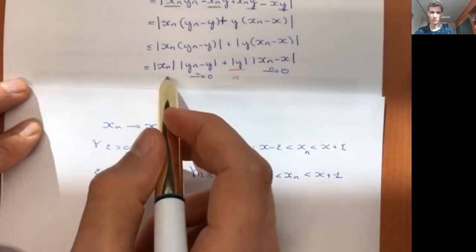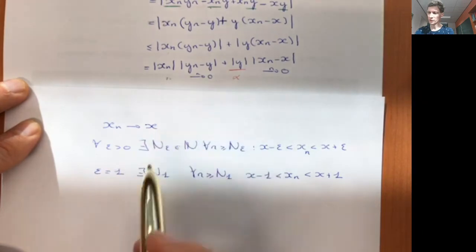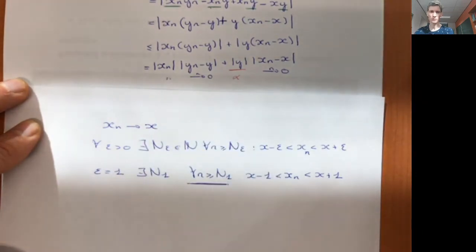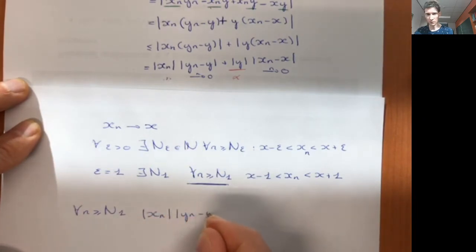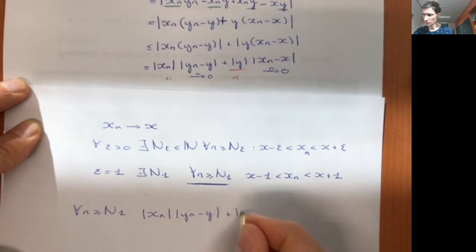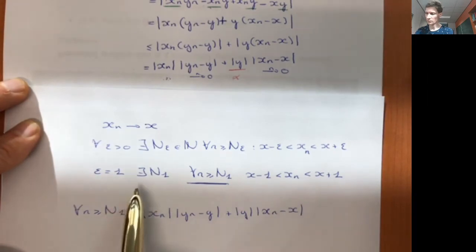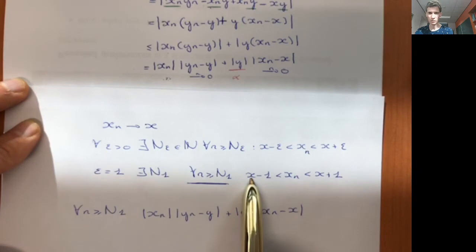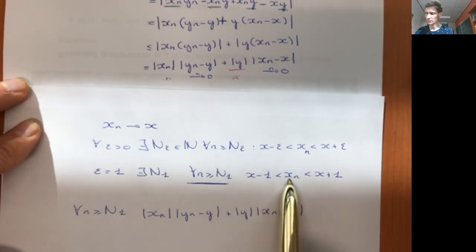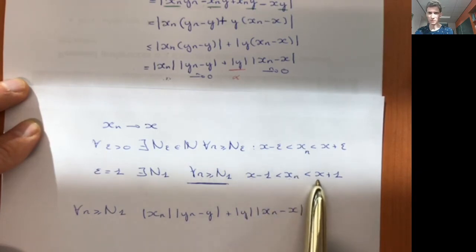Okay, so what we're going to do is take this expression and only look at numbers above this number n1. So for all n greater or equal to n1, let's take this expression here: xn yn minus y plus y xn minus x. Because n is greater than n1, we know that xn is bigger than x minus 1 and xn is smaller than x plus 1.